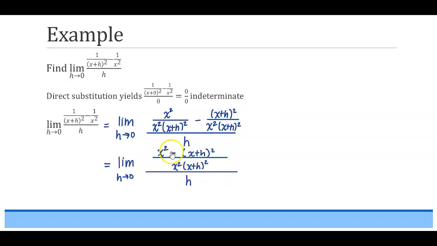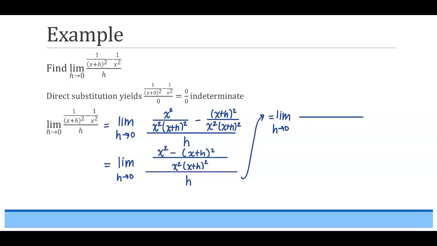Now, in the numerator's numerator, I'm going to have to distribute the quantity x plus h squared. And remember, I cannot just distribute the exponent. So I am going to have to FOIL that whole thing out. So I'm going to have the limit as h approaches 0.